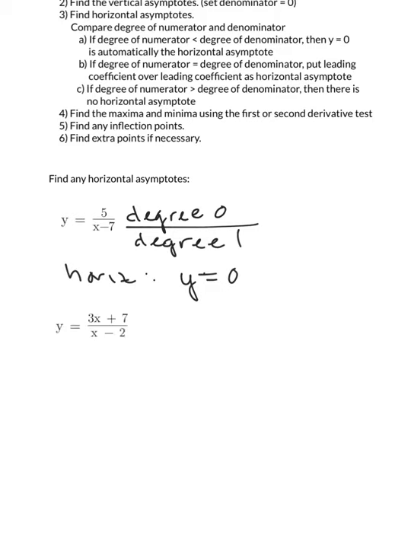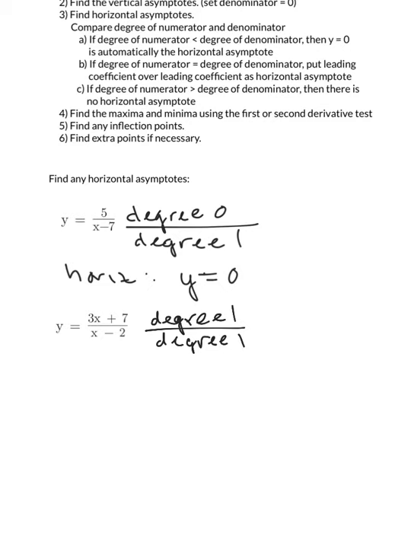On this second example, we have y equaling 3x plus 7 over x minus 2. The numerator is degree 1 because we have an x to the first. The denominator is also a degree 1. When the degrees are equal, you find the leading coefficient.